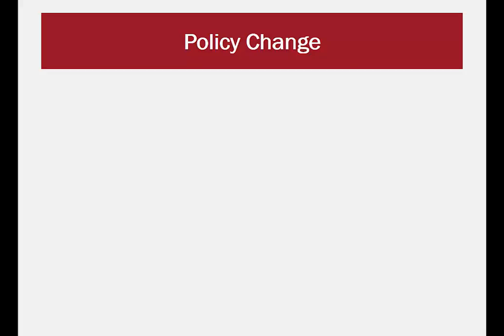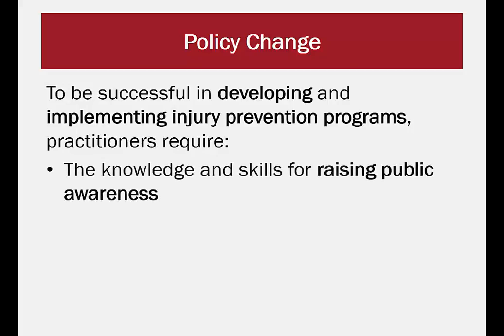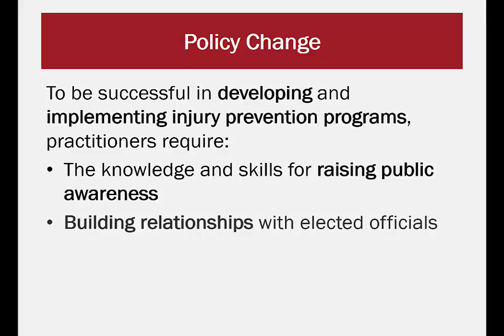There are various situations, people, timing, processes, and resources that will impact action and the likelihood of success. To be successful in developing and implementing injury prevention programs, practitioners require the knowledge and skills for raising public awareness, building relationships with elected officials, and shaping laws and policies.